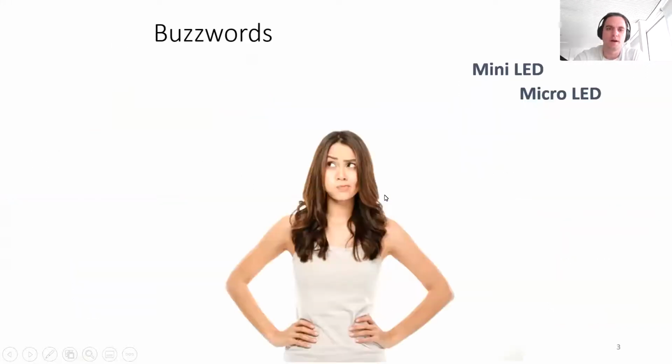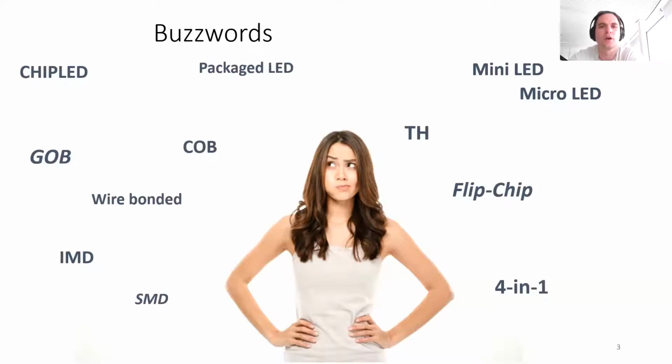What are mini LEDs and micro LEDs? Two words, or questions, that I get a lot. What's the difference? And when I was thinking about an explanation, it actually dawned on me that there are a little bit more buzzwords flying around today in the realm of direct-to-LED technology.